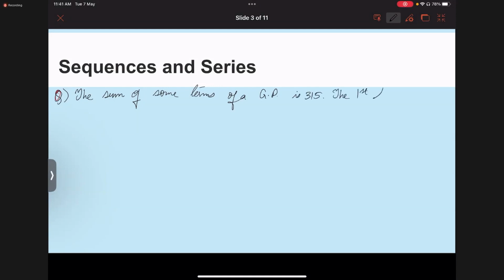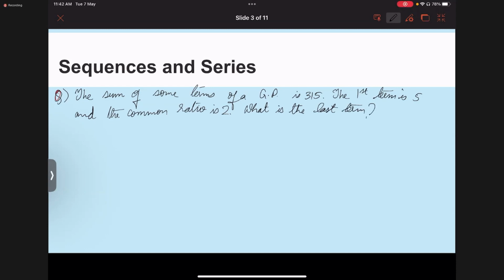The first term is 5, and the common ratio is 2. What is the last term?